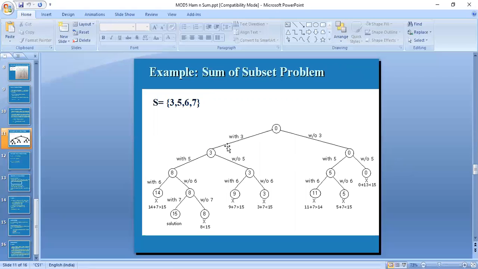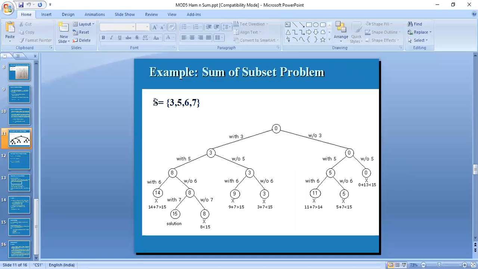Each node can have only 2 children, because in the sum of subset problem we either include the element or exclude the element. The left child means including the element, and the right child means excluding the element.